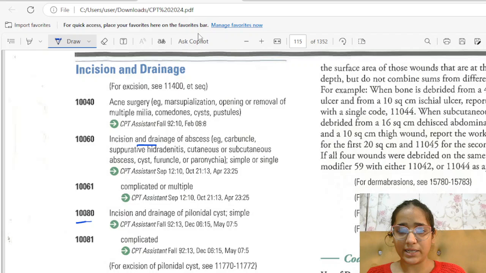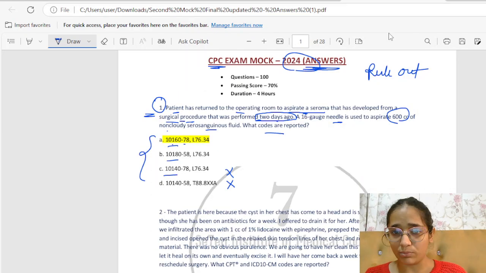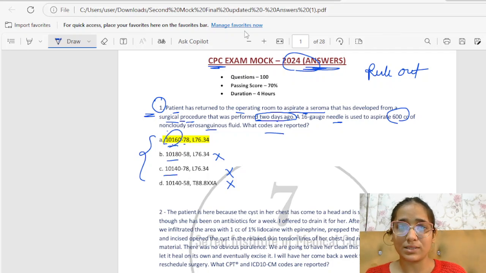Then we have 10180 for the pilonidal cyst. The patient does not have a pilonidal cyst, and there is no documentation of it. The patient is coming to aspirate a seroma, so we have to rule out 10180. So we are left with 10160.